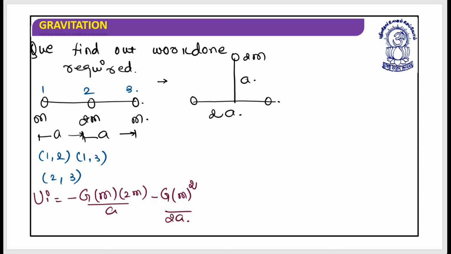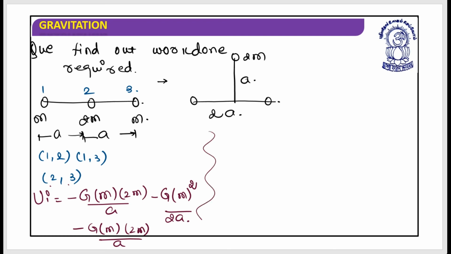Next, 2 comma 3, it's again minus of G into M into 2M, divided by A. I hope this is clear. Is it clear?